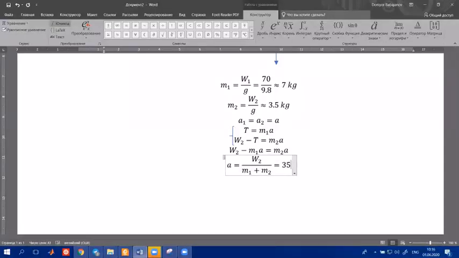So 35 divided by the sum of the masses, 3.5 plus 7 is 10.5. And we get 10 over 3, 3.33 meters per second squared.